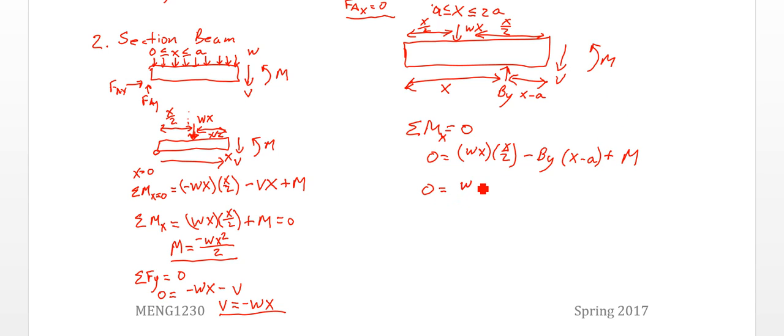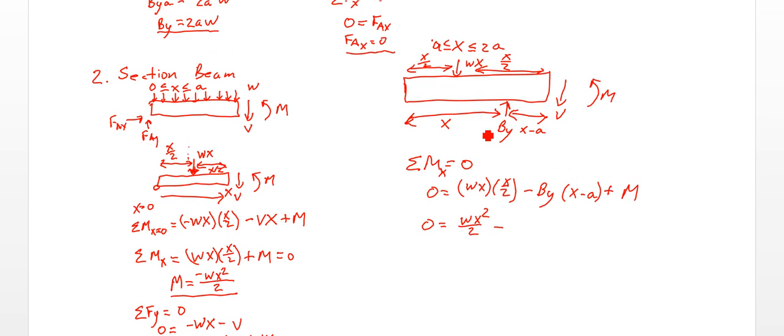So I have Wx squared over 2 minus By, and By, as we found above, is 2aW. So I'm going to have minus 2aW times x minus a, plus M. So if I slide both of these over to the other side and flip it around, I get negative Wx squared over 2 plus 2aW times x minus a.